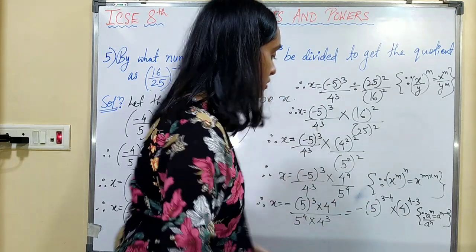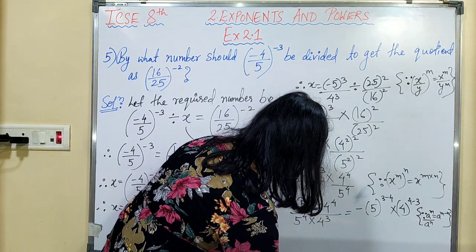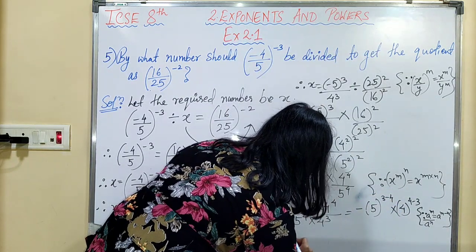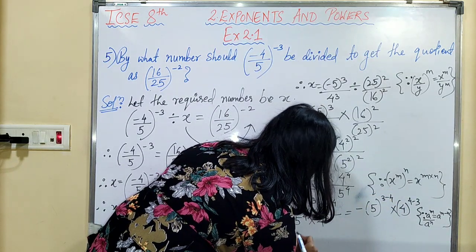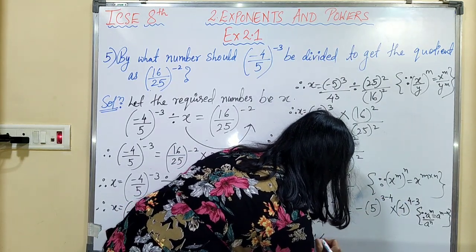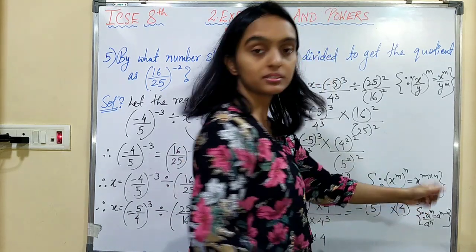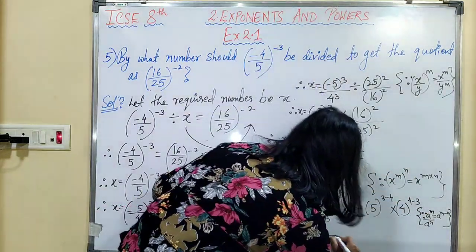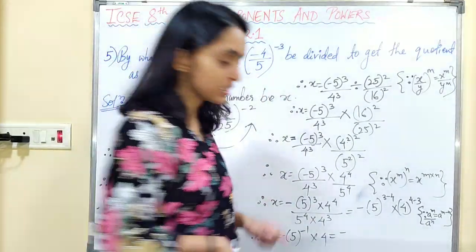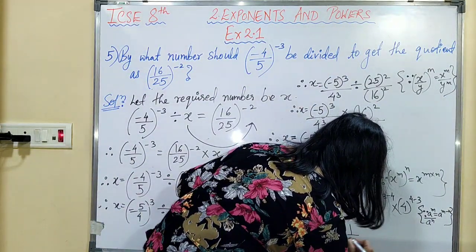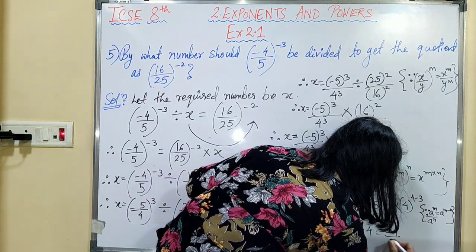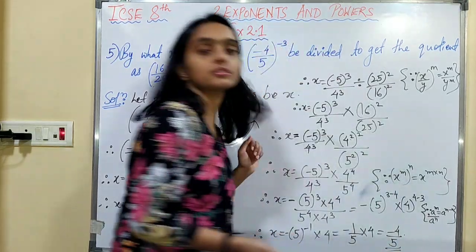Okay. So here you will get, therefore x equals minus 5 raised to 3 minus 4 is minus 1 multiplied by 4, because 4 minus 3 is 1. So you will get minus 5 raised to minus 1. So we will take its reciprocal here. So minus 1 upon 5 multiplied by 4. So you will get minus 4 upon 5 as the answer.